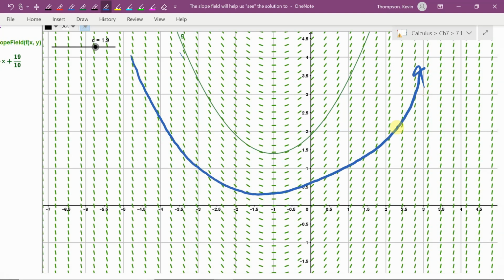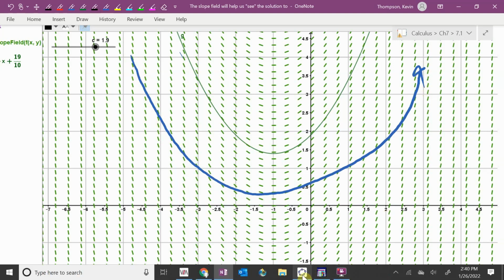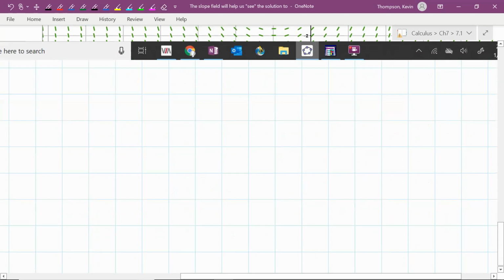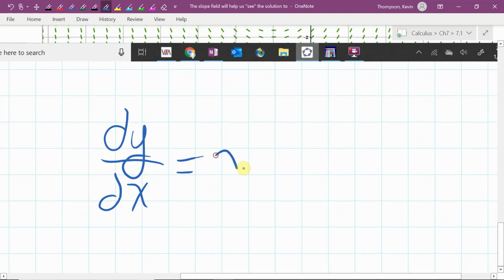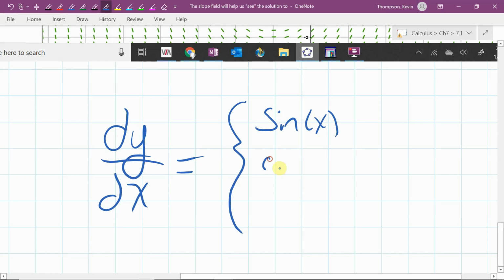All right, so here's what I'm going to do. I'm going to go back and change the differential equation. The one we were looking at was the one we knew the answer to, right? I'm going to change it to one of these four things, and I want you to tell me which one I chose.